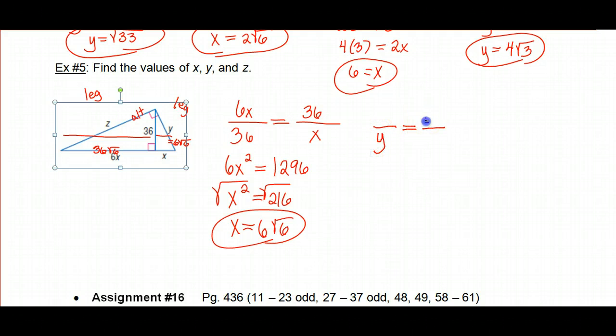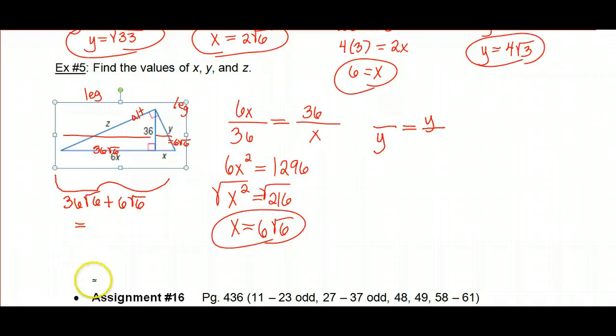So we have y is the geometric mean of what? It's the whole thing: 36 root 6 plus 6 root 6, that's what I was saying. When I combine radicals, you have to think of them as adding like terms.